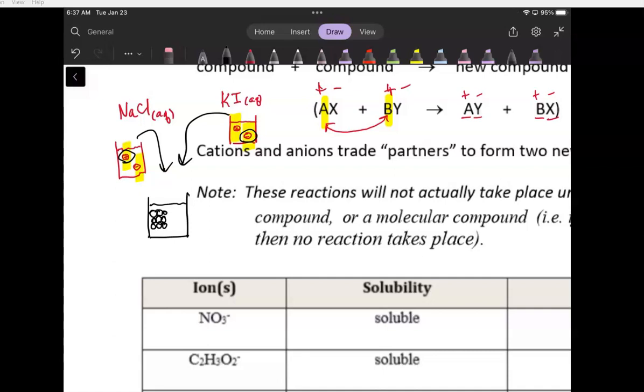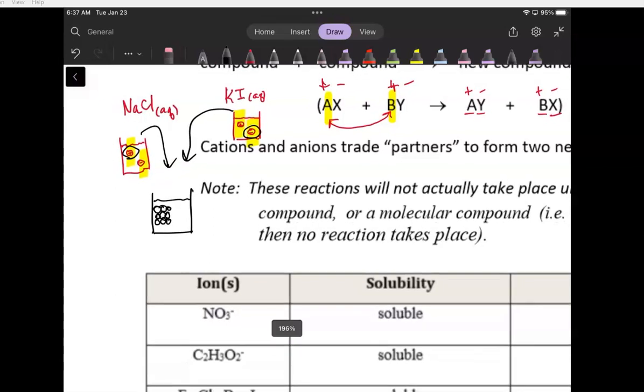That does actually represent a chemical reaction, a chemical change. Now the other ions, so like let's say what I've just drawn is NaI solid, okay?